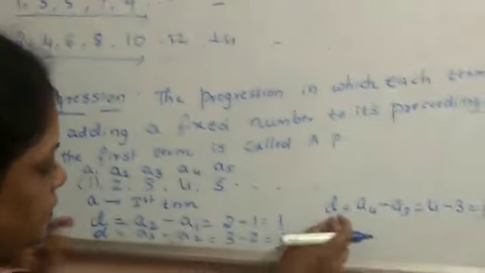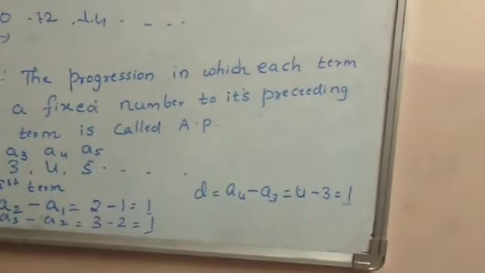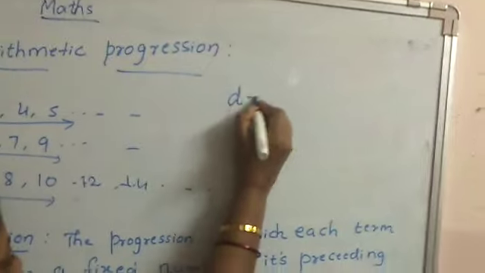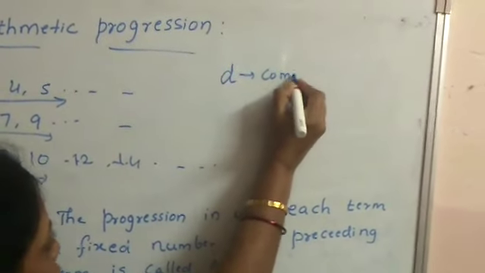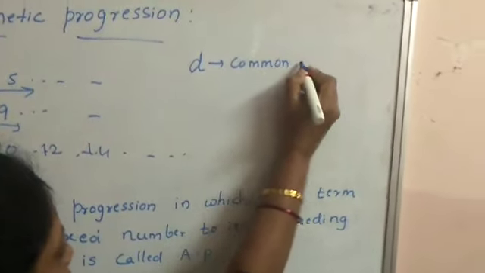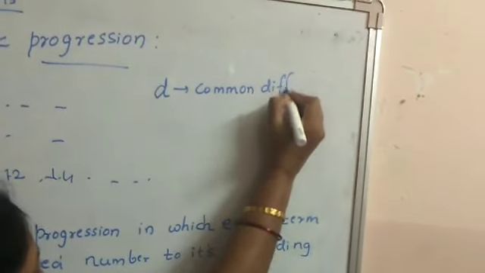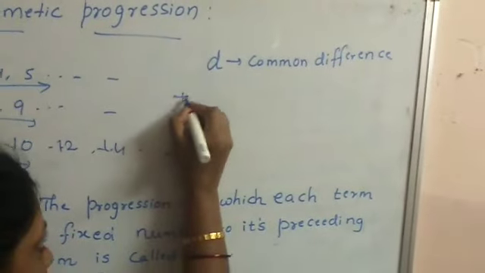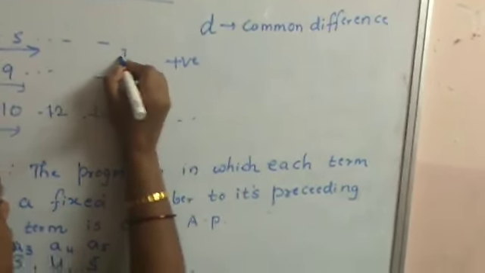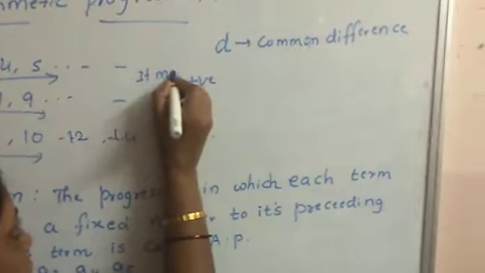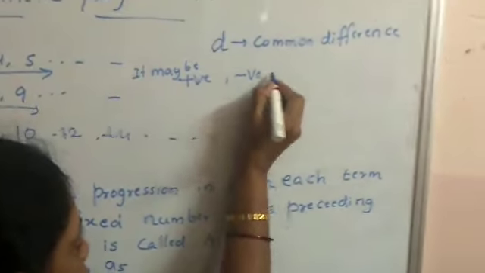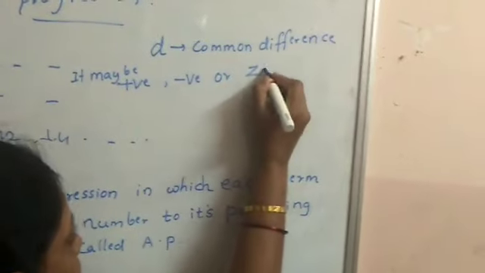Now D, here D is not always positive. D, that is the common difference, may be positive, negative, or 0 also sometimes.